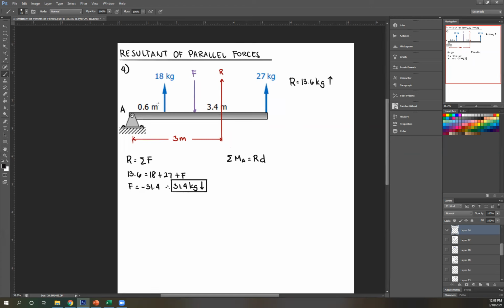Let's start with 18. 18 is counterclockwise, so negative. 18 times the perpendicular distance from A, which is 0.6.